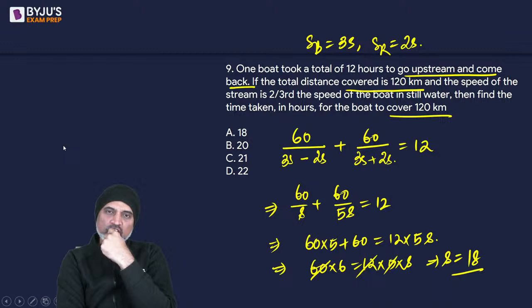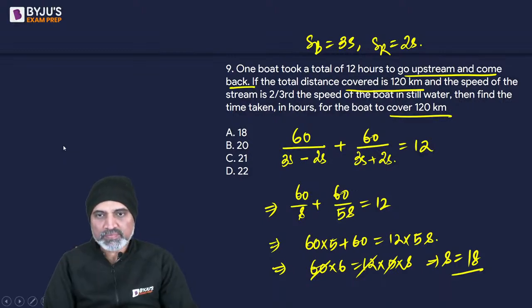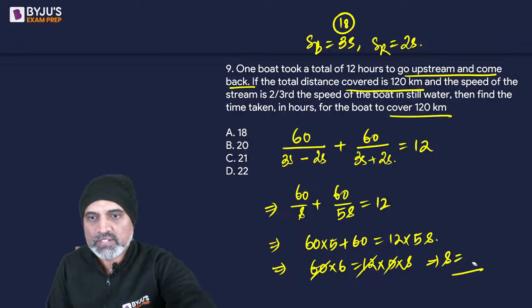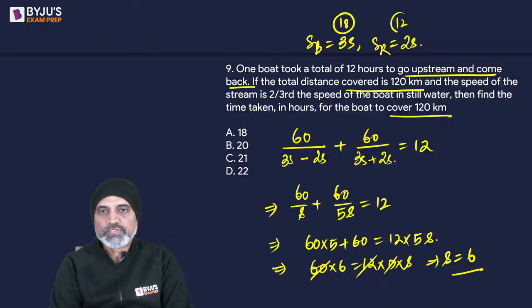Since it's not specified whether it has to cover 120 kilometers upstream or downstream, let's take the cases. Suppose the speed of the boat is going to be 18, and the speed of the river is going to be 6 into 2, which is 12.